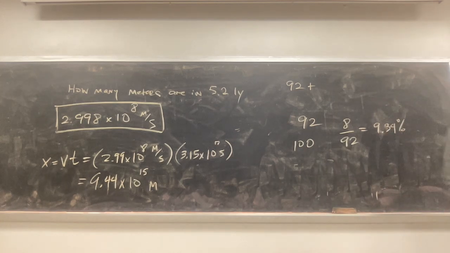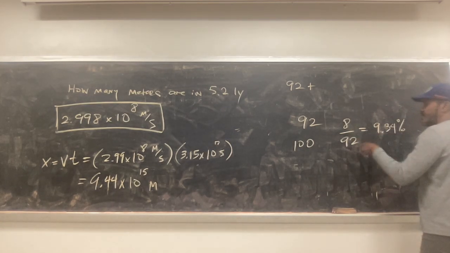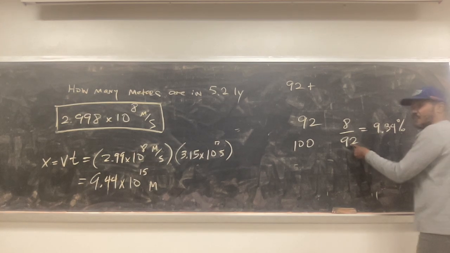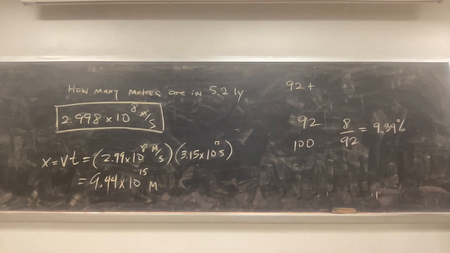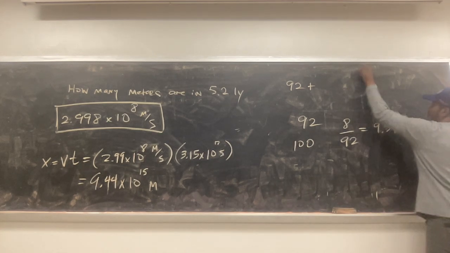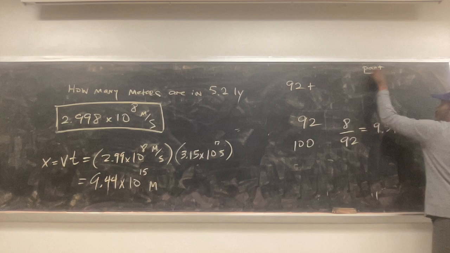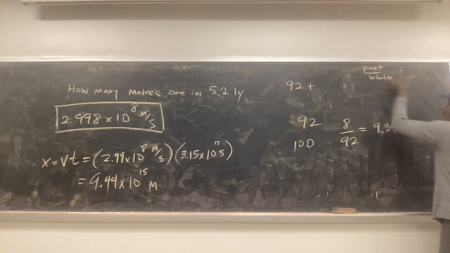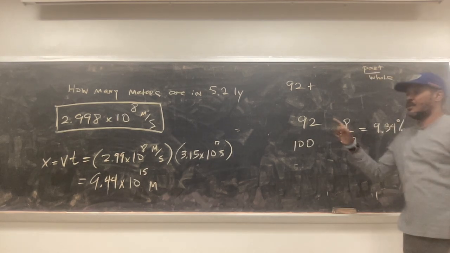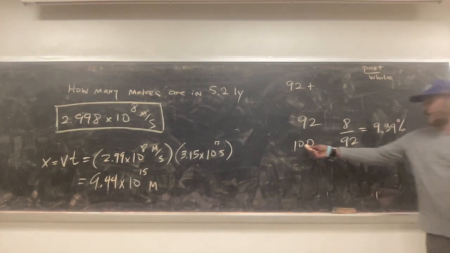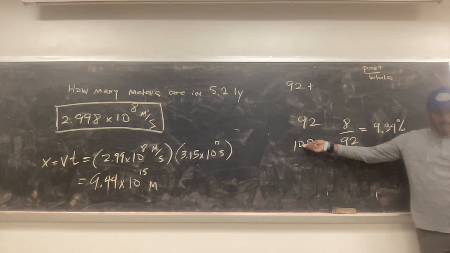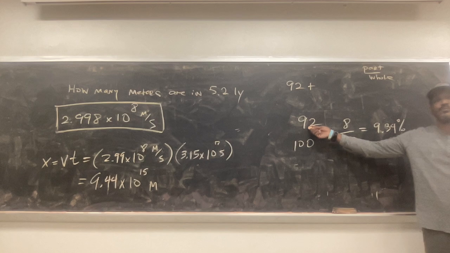You follow what I'm doing? Because if I had 100 here, this math wouldn't work out. Remember what I said, a percentage is part of a whole. So when it says which one is bigger, this one is bigger, 100 obviously is bigger than 92.